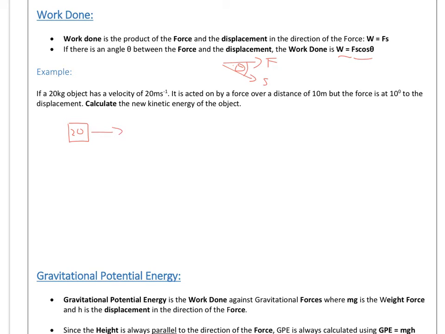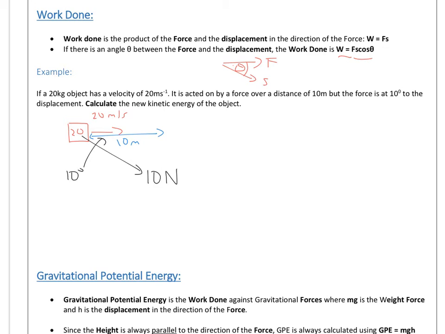It's going at 20 meters per second, and it's going to travel a distance of 10 meters, but it's acted on by a force of, for simplicity, 10 newtons. I probably should have specified that in the question, and it's at an angle of 10 degrees.